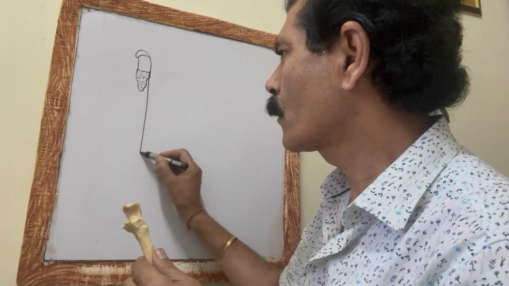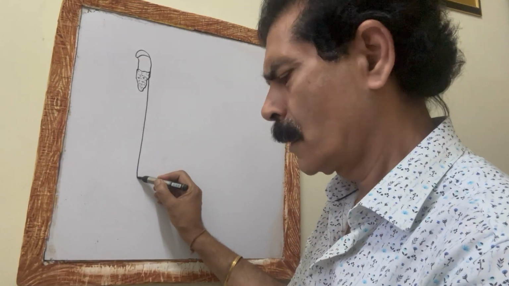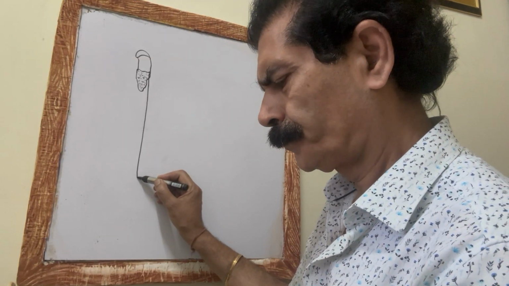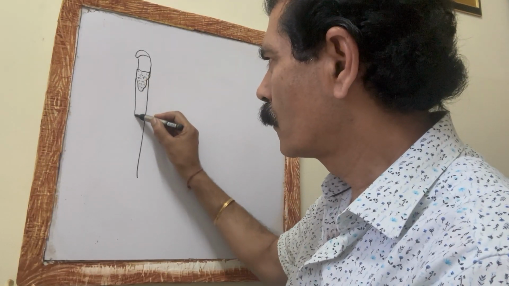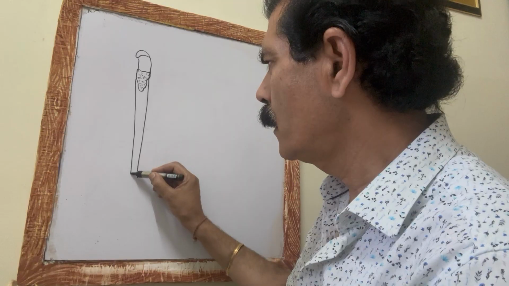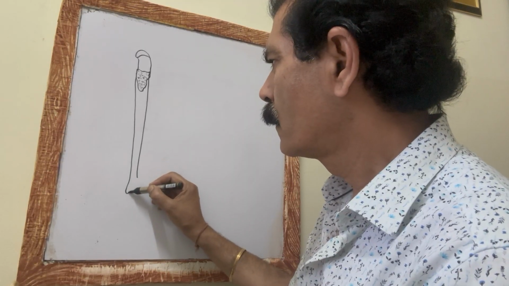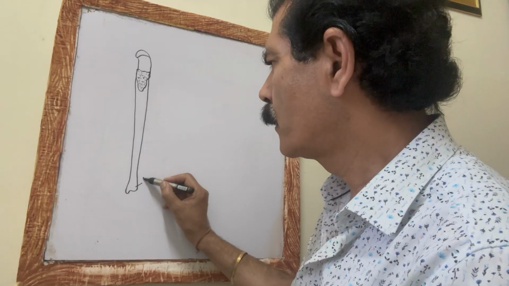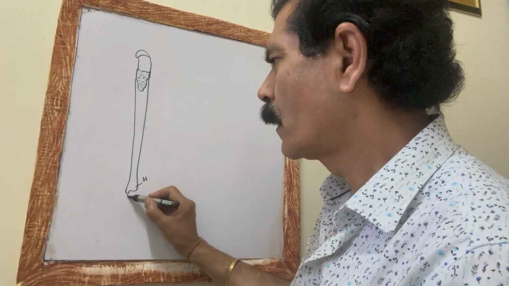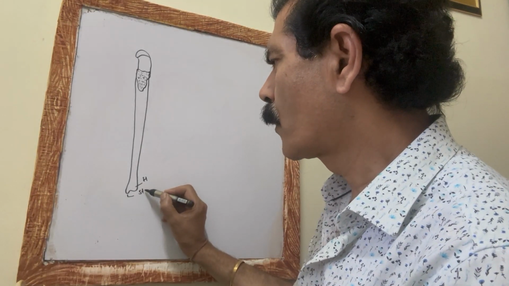So remember, coronoid and coracoid process are different areas. Coracoid belongs only to the scapula. The lower part of the ulna is called the head of the ulna, which bears the styloid process.